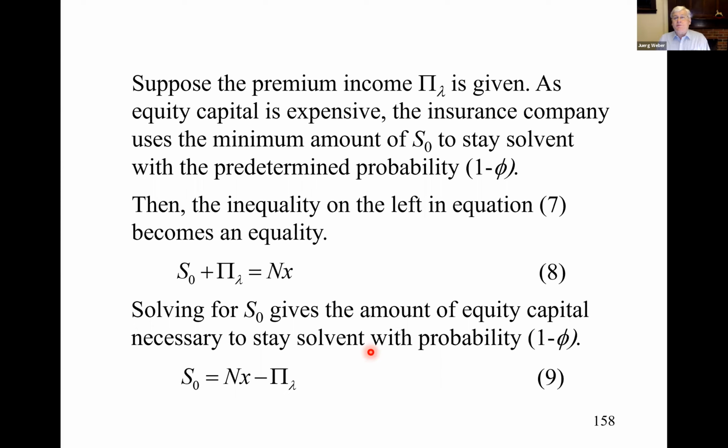Now let's assume the premium income, pi gamma, is given. And then since equity capital is expensive, the insurance company will actually use a minimum amount of the capital to stay solvent with the required probability of, let's say, 98%. Then the inequality in equation 7 becomes an equality.